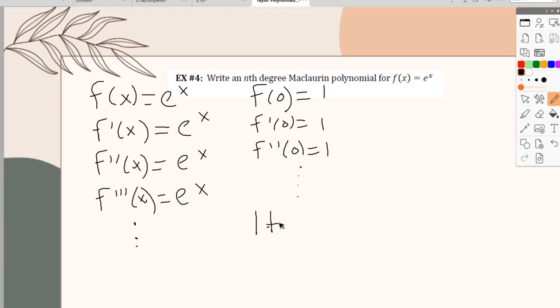So it's just going to be 1 divided by 1 factorial times x, plus 1 divided by 2 factorial times x squared, plus 1 divided by 3 factorial times x to the third, and so forth. So in general, what do we get there?